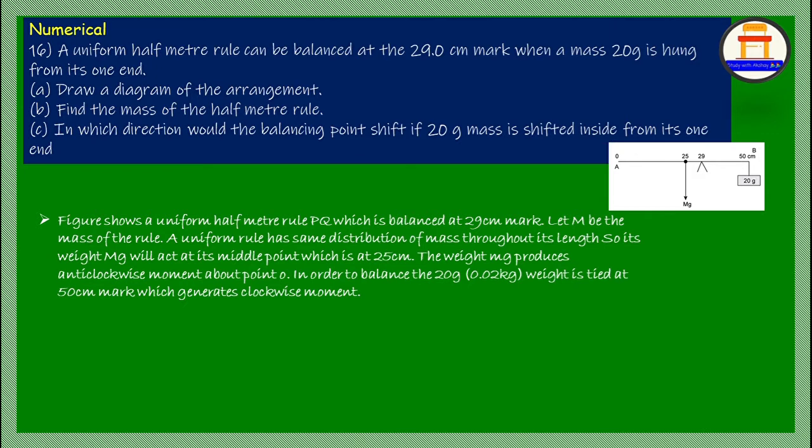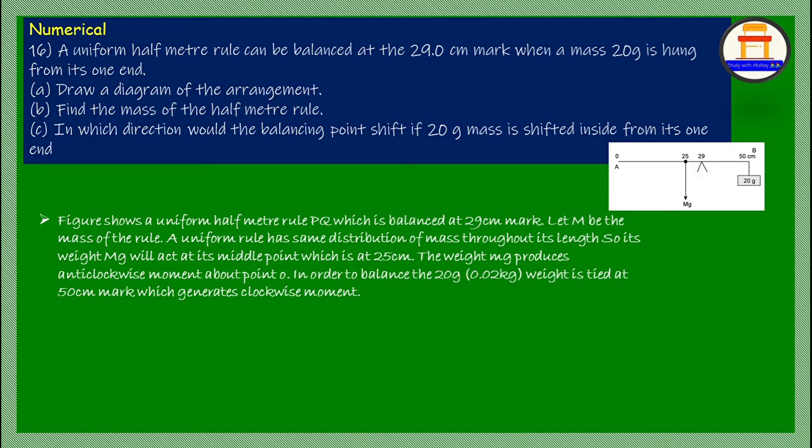The figure shows a uniform half meter rule PQ, which is balanced at the 29 centimeter mark. Let M be the mass of the rule. A uniform rule has a uniform distribution of mass throughout its length, so its weight mg will act at its middle point, which is at 25 centimeter.